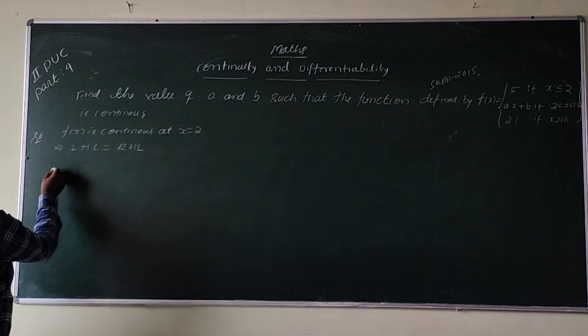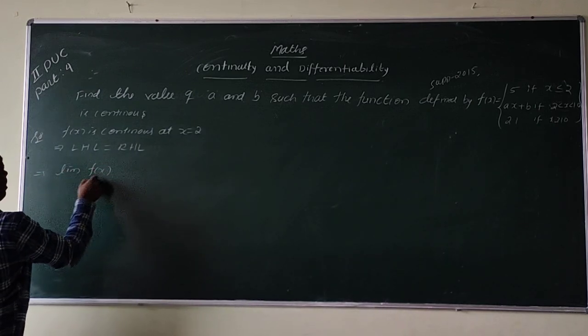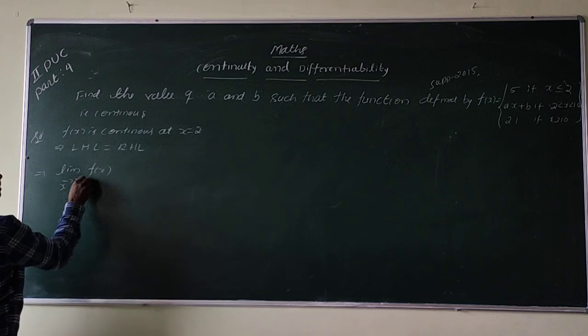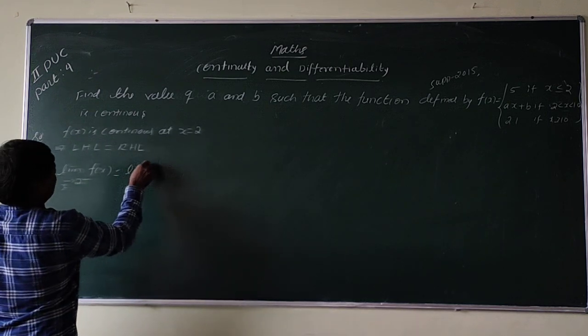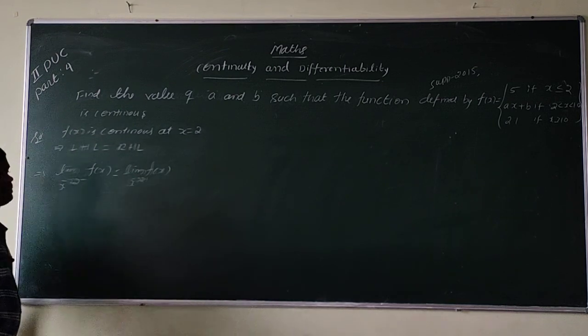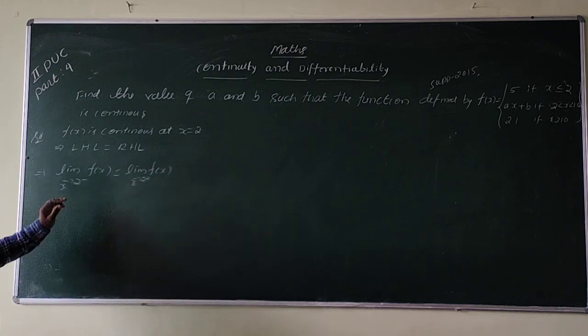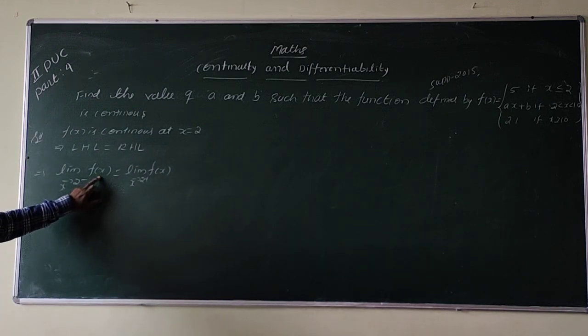So this implies the limit of f of x as x tends to 2 minus is equal to the limit of f of x as x tends to 2 plus. So here, what is f of x?